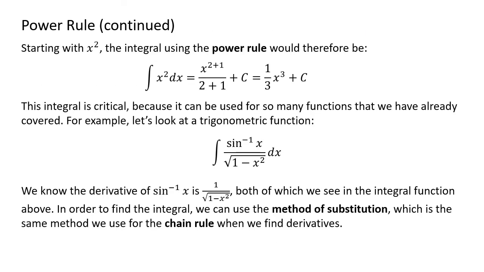So starting off with this, we look at the power rule. The power rule is the integral of a function x to the n, whether it's x squared, like I have in the example here, or something else, is simply equal to x to the exponent n plus 1, so adding 1 to the exponent, divided by that same n plus 1 term, plus a constant.